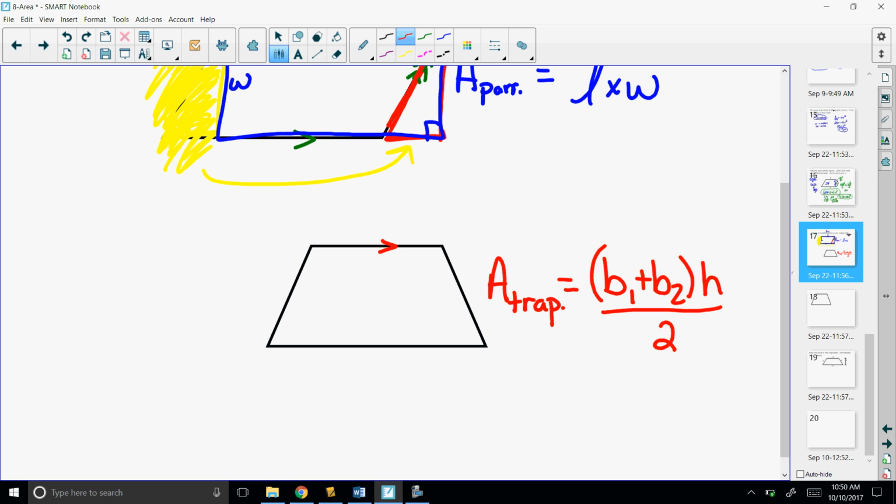So your parallel segments are going to be your bases. Add them together, take it times the height. The height will be that perpendicular distance, not one of the two slanted sides. It is not this side, it's not this side. So keep in mind where your height is, and then you divide by 2.